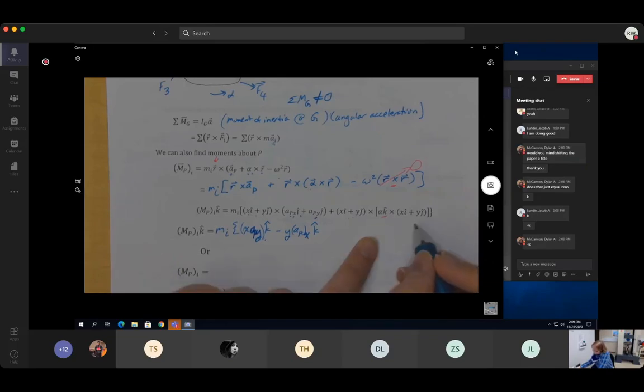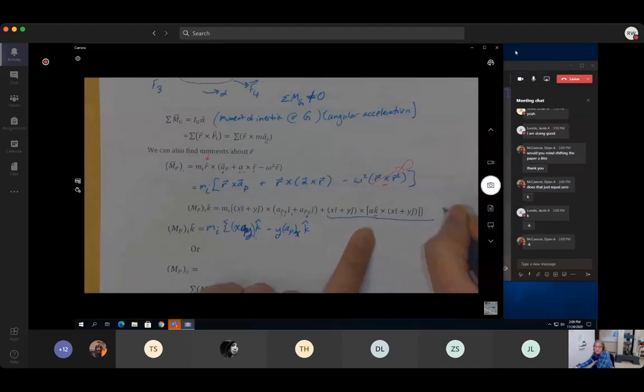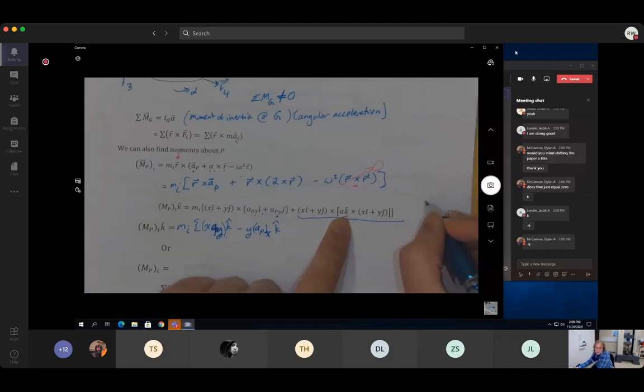Okay, then over here, we've got two cross products. So I'm going to do that off to the side over here. So we have alpha times X, and that's K hat crossed with I hat, which should give us a J hat.